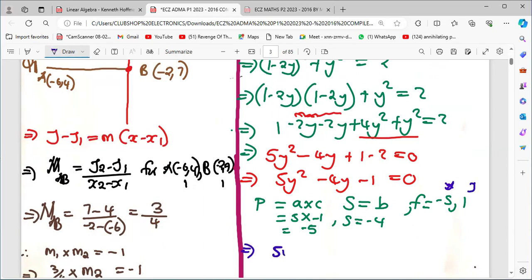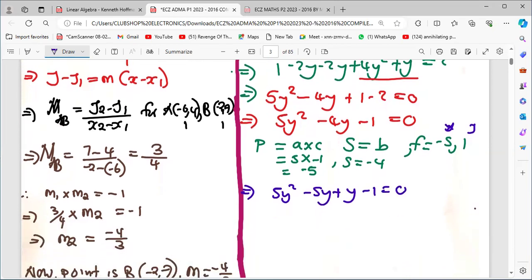Applying that, 5y squared minus 5y plus y minus 1 is equal to 0. So 5y from the bracket, y minus 1, plus 1 times y minus 1 equal to 0.